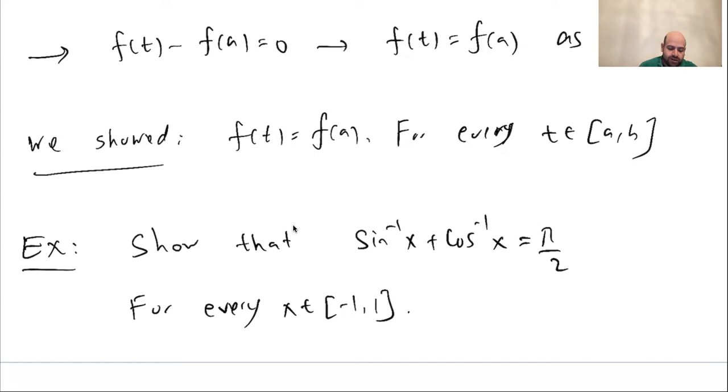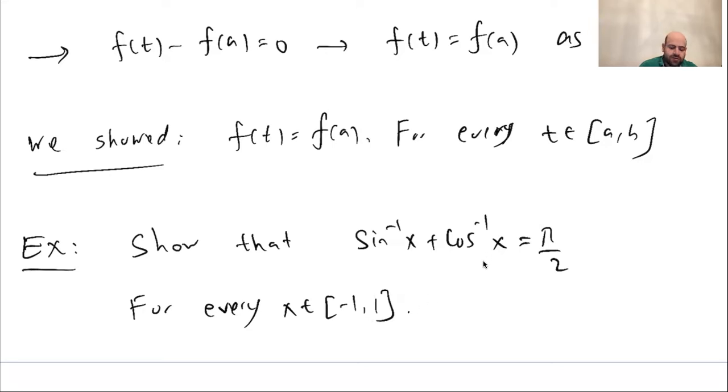Now we want to do another proof, this time using derivatives. How can I use derivatives to show that this function sine inverse X plus cos inverse X equals pi half for every X between -1 and 1?